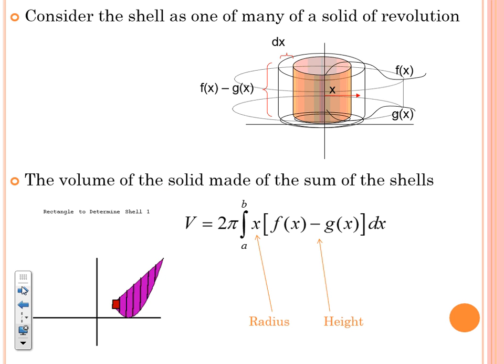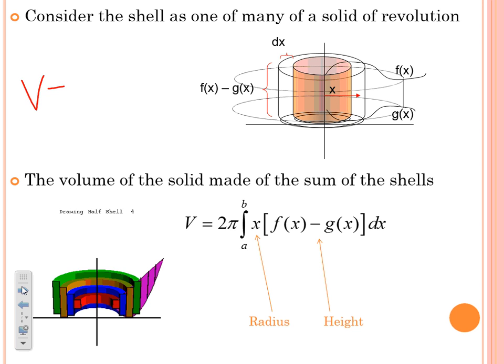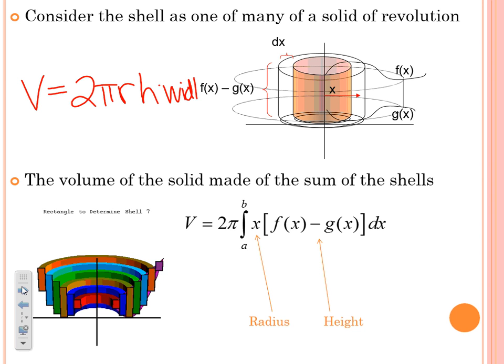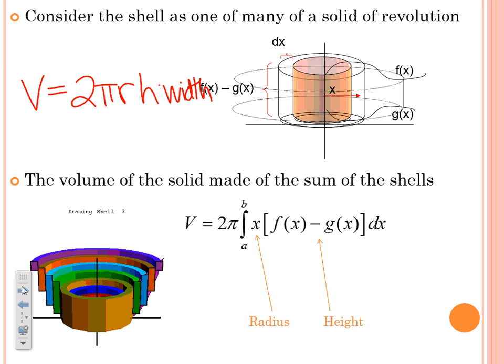So let's go to this nice picture here. Oh man, we have a lot going on there. So we have 2 pi r h, and we're going to add all of these shells together.